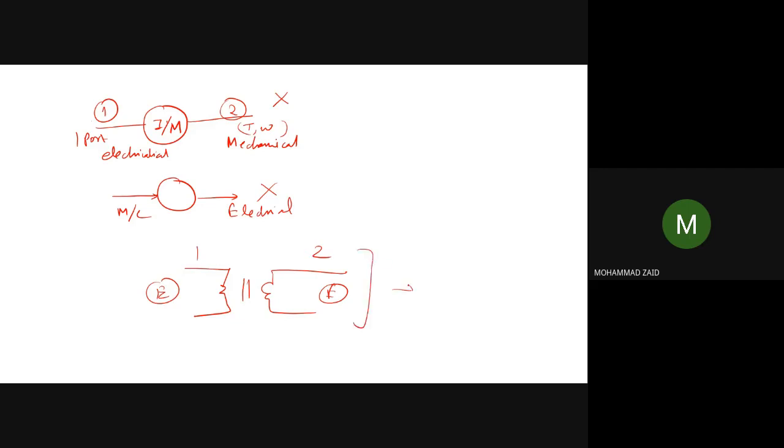So a transformer fits our definition of a two-port electrical network. We will talk only about two-port electrical networks, that means the input and output should both be electrical. We can take as many examples as are available: transformers, op amps, transistors, BJTs, MOSFETs. Anything you take comes into this category of two-port network.